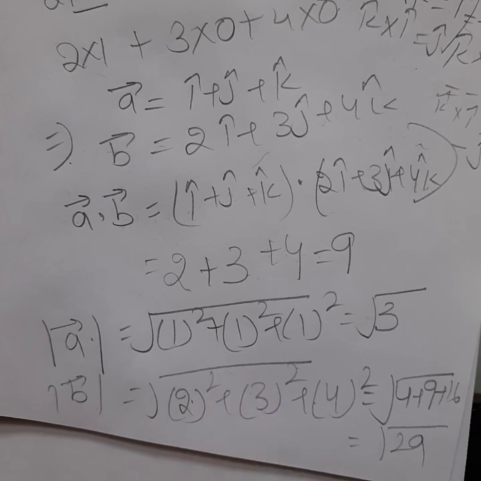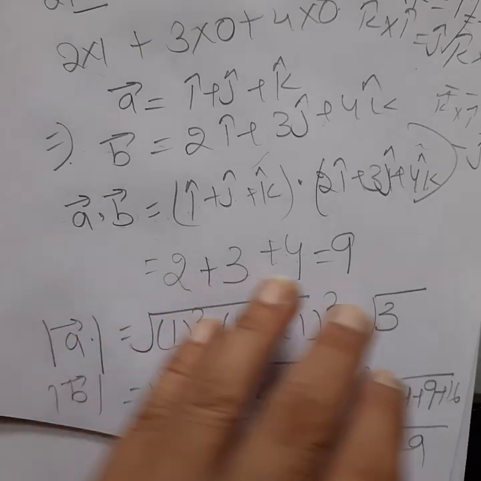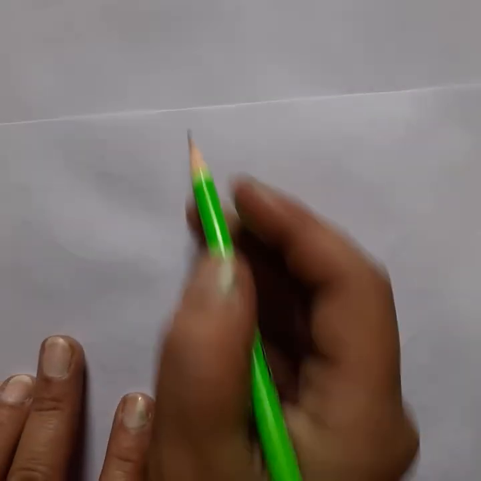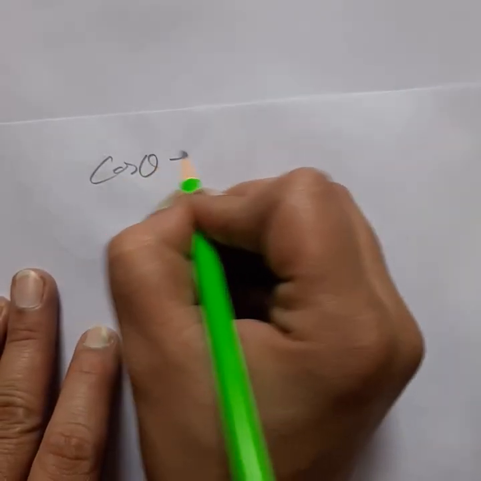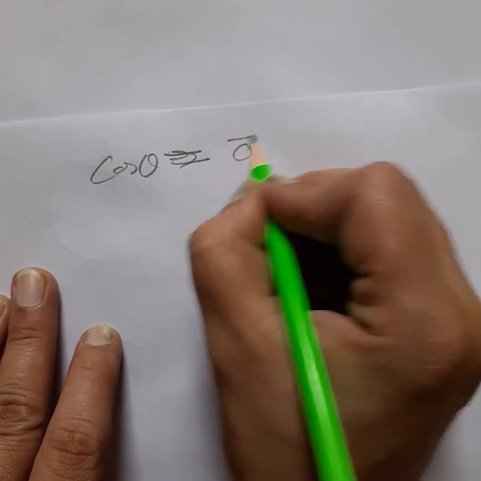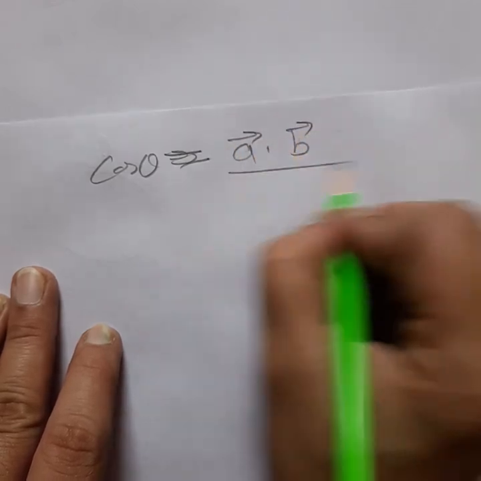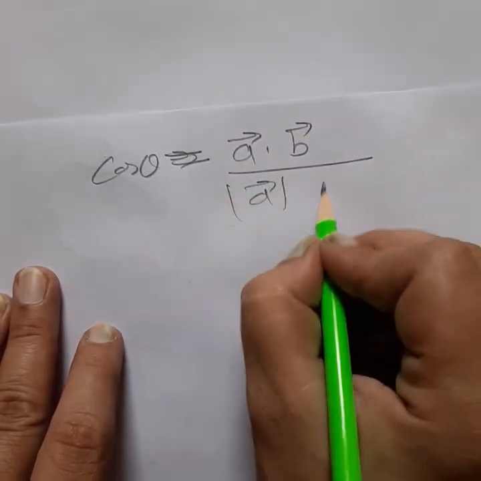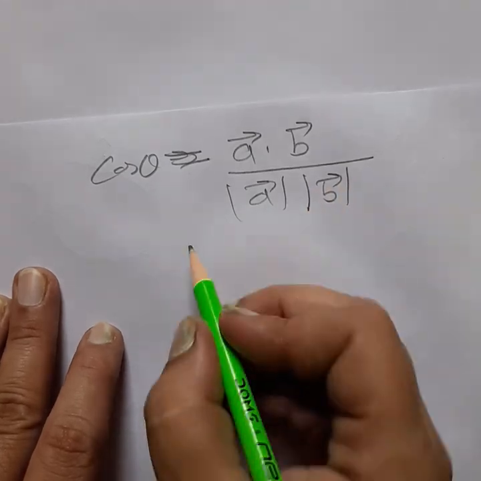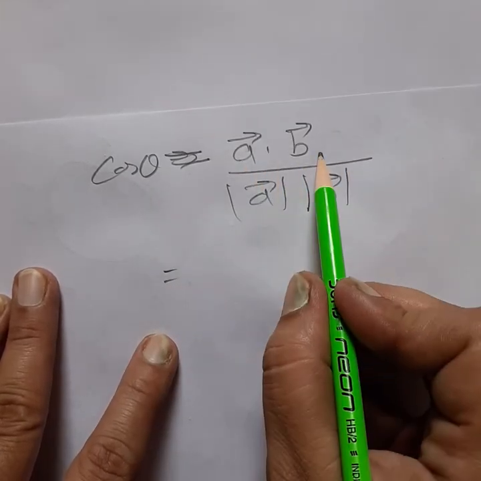Now we put all these values in our formula. I repeat my formula: cos theta equals a vector dot b vector upon the magnitude of a and b. What is the dot product of a and b?